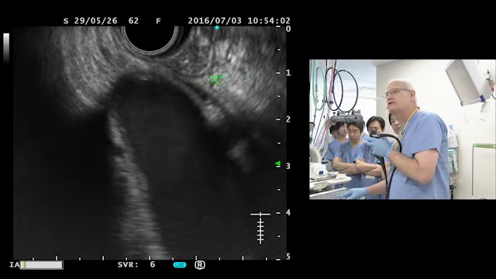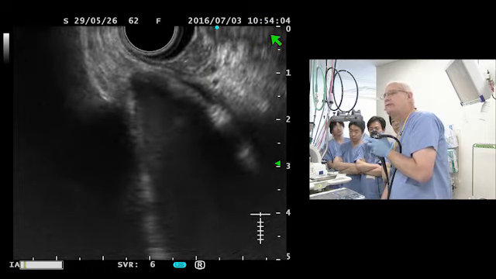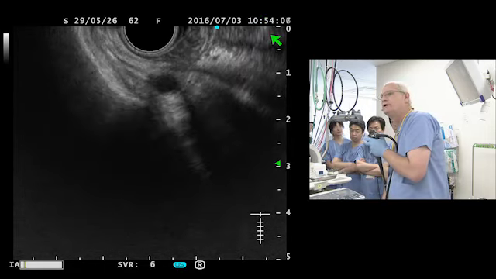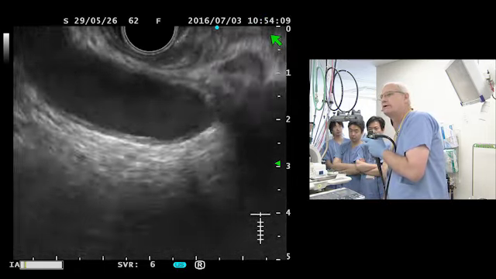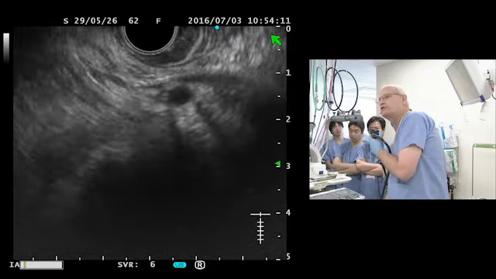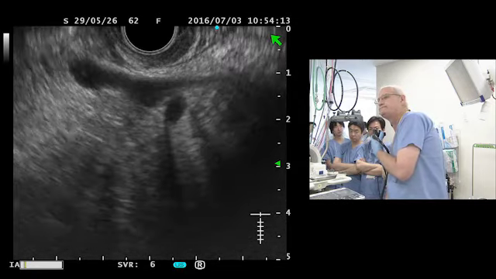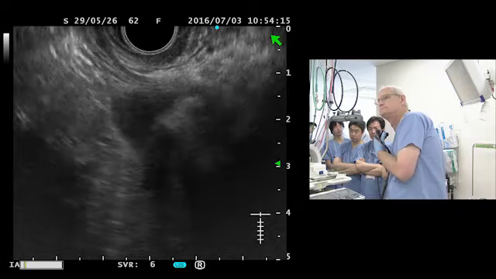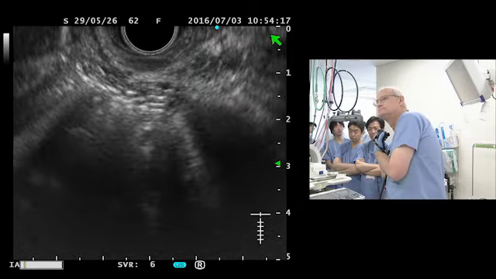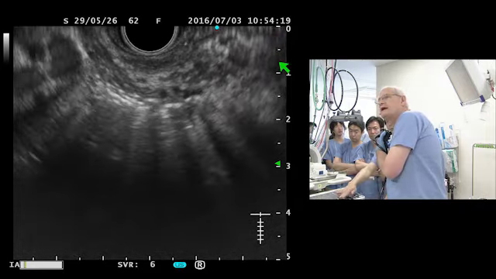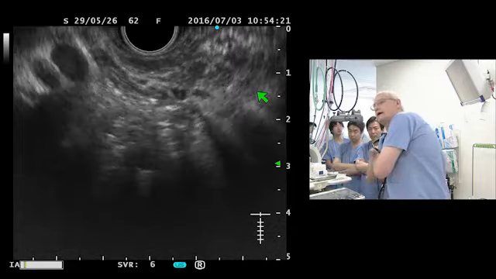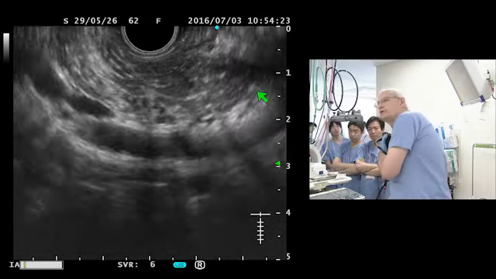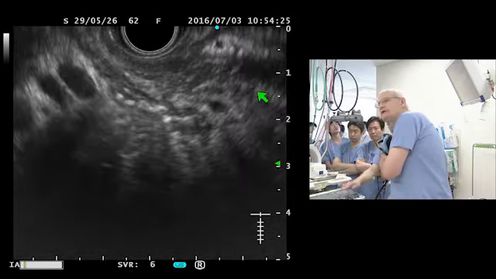And then we need to fix our eyes on this area here. The pancreas should come into view in this area here. So I'm just slowly pulling back now and torquing clockwise. Okay, so there's the pancreas coming into view in the upper right-hand corner. I'm torquing over. So there's the pancreas.